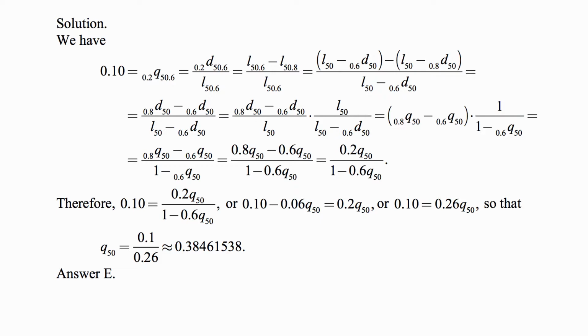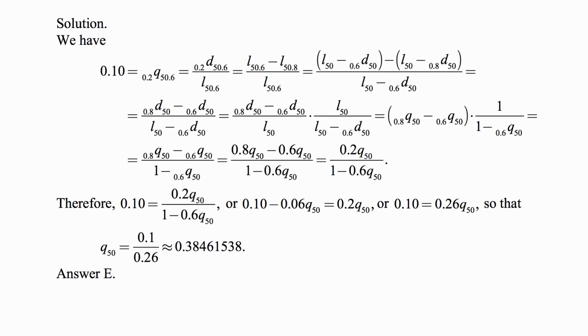And that population size at age 50.6 is the population size at age 50 minus the number of people dying within 0.6 years from age 50. And then the population size at age 50.8 is the population size at age 50 minus the number of people dying within 0.8 years.